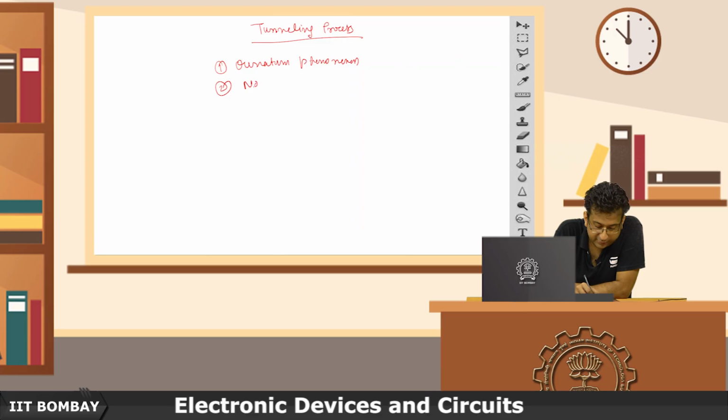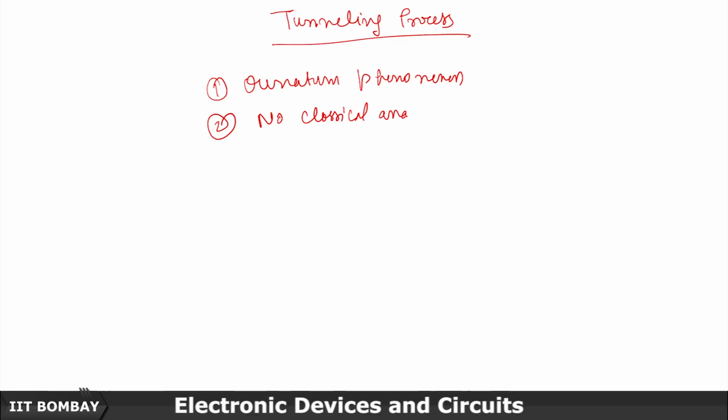No classical analog of this exists. So what is happening here? So what is tunneling? Tunneling says that whenever there is a potential barrier of some finite width and height, the probability of the existence of the electron cannot abruptly end.